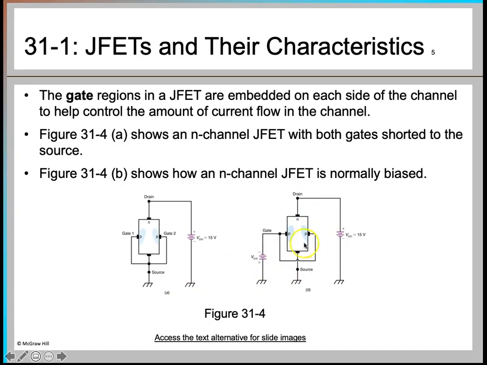N channel JFET. So if you notice, your drain to source voltage is equal to VDD, which is 15 volts, which means it is a positive voltage, and because of this the electrons will drift towards the drain from the source side.